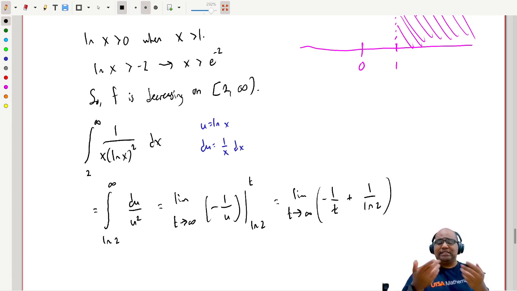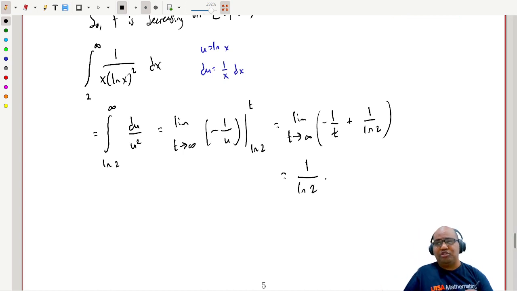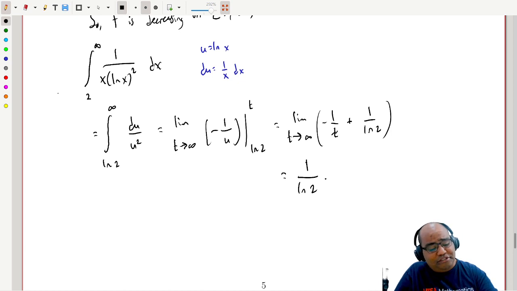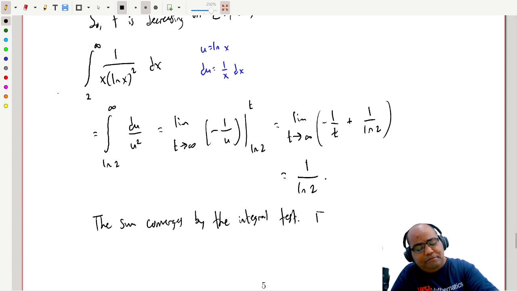Now, as t gets large, 1 over t gets small, and so that's going to vanish in the limit. And so our number here is 1 over log 2, and that's a number. So this improper integral converges, so we now say that the sum converges by the integral test. And we're done.